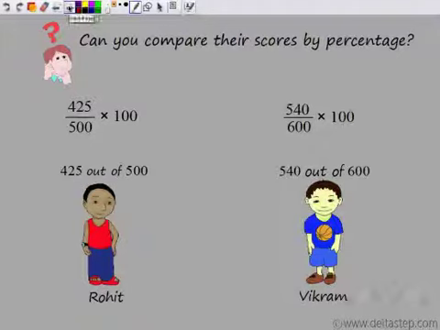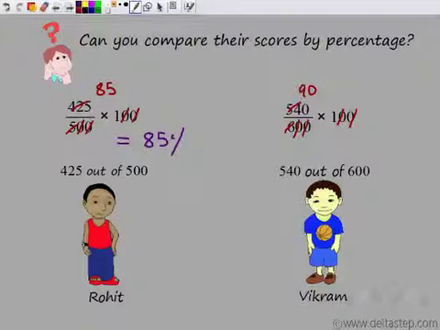So this is what I get. Now I can simplify it. So here I get 85 per 100.